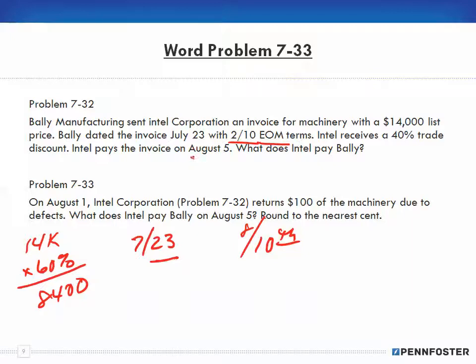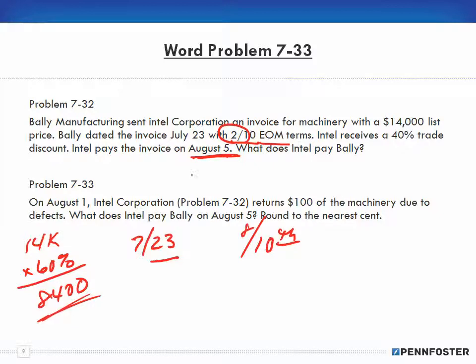They're paying it on August 5th, so it falls within that discount period, and they're able to take a discount on the 8,400. It's a 2% discount. Some might question, why can't I take the 2% on the 14,000?